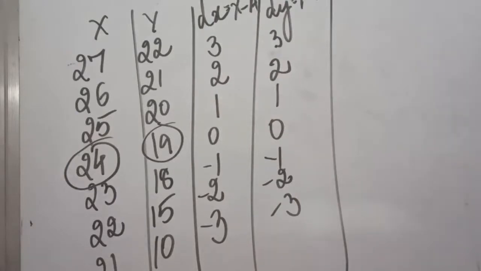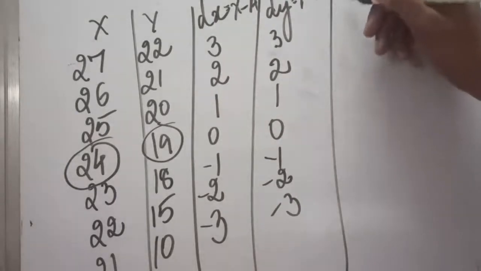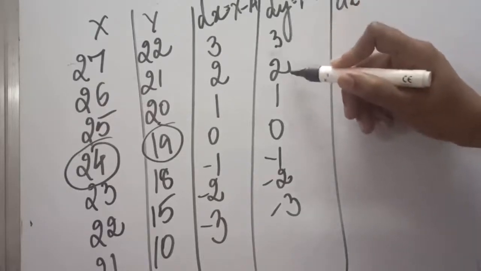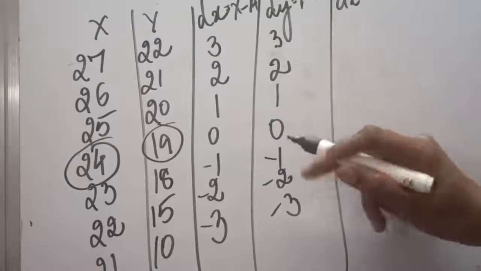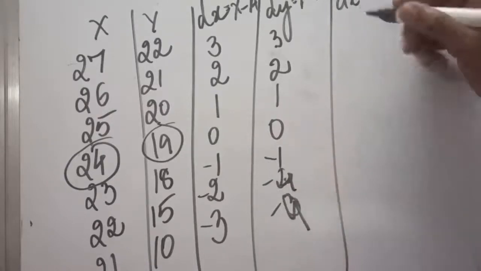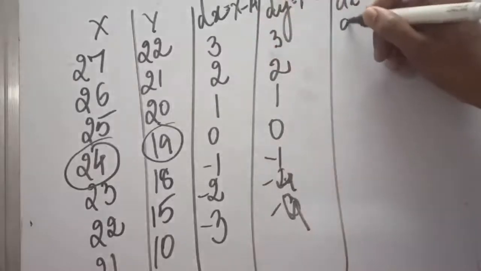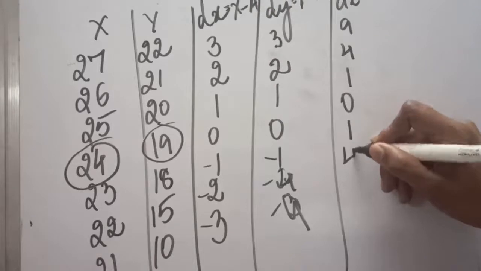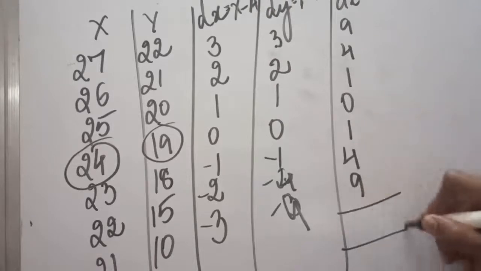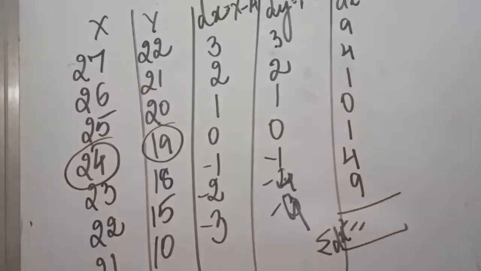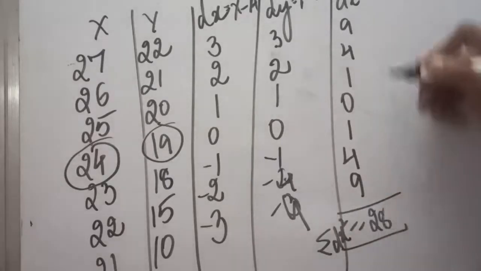So now we will be just calculating dx square. Taking dx square, it will be 9, 4, 1, 0, 1, 4 and 9. Adding this we will get sigma dx square, and it comes out to be 28.